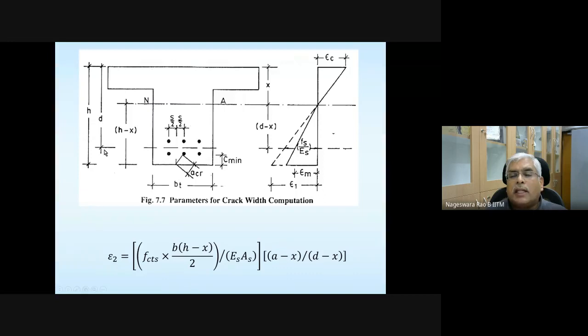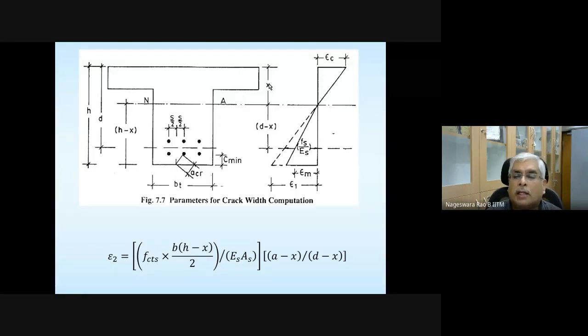You can see here d is from the extreme fiber in compression to the center, CG, of the reinforcement. Okay, center of gravity of the reinforcement, and this x is the neutral axis depth. Small x is what is used in annexure F of IS 456 to denote the neutral axis depth.